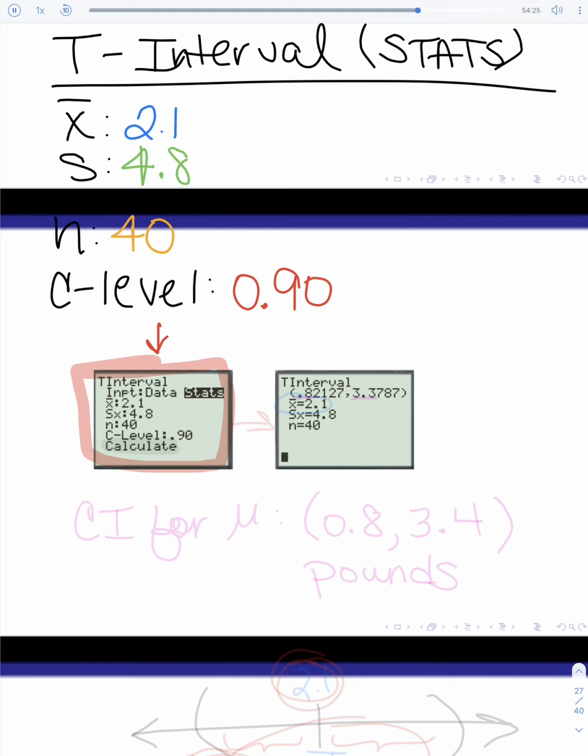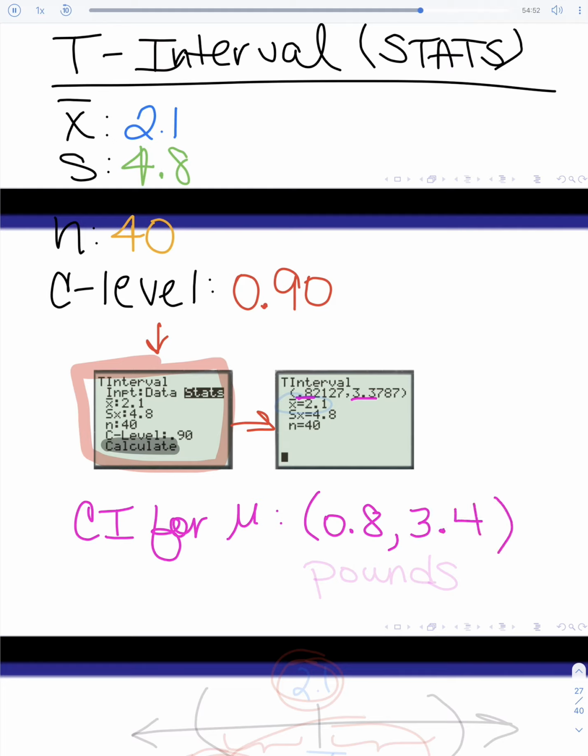Then you go down to the bottom and choose Calculate. When you choose Calculate, the following will come out. They asked you to round to the tens place, so that'd be 0.8 and 3.4. So our confidence interval for the mean, mu, starts at 0.8 and continues to 3.4.